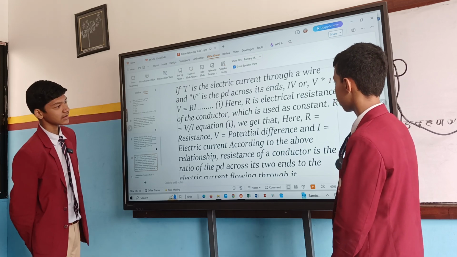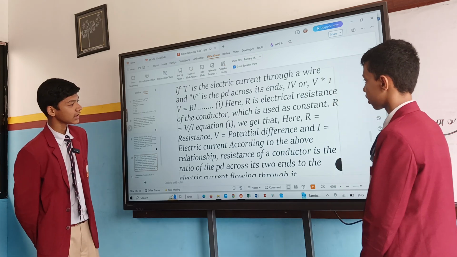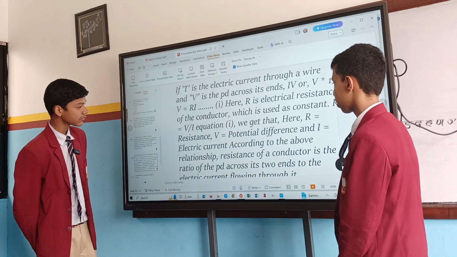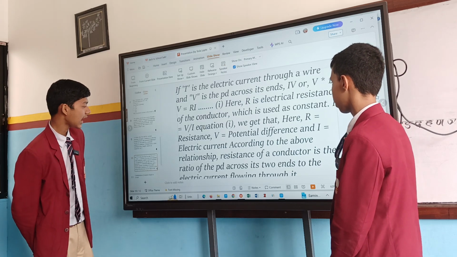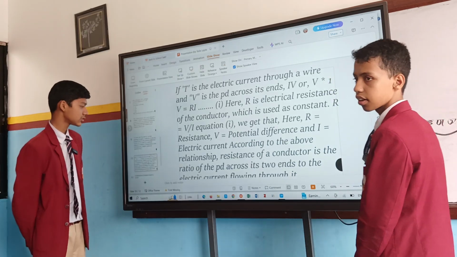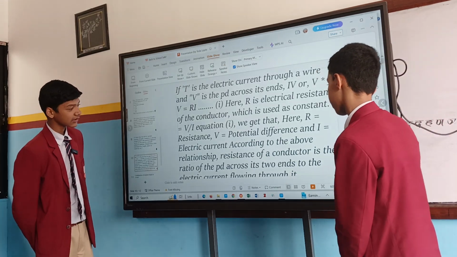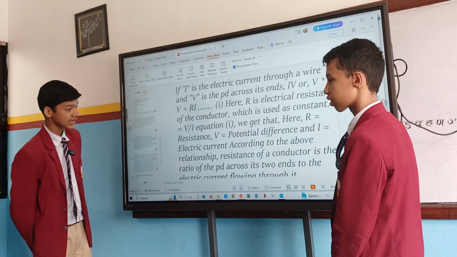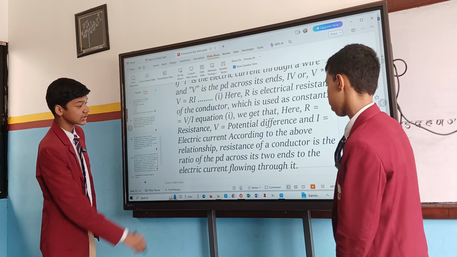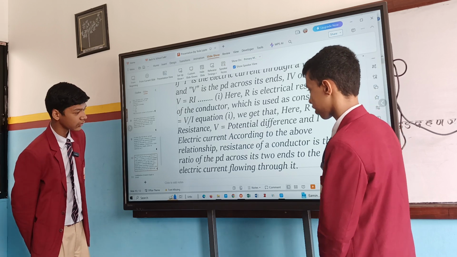Here R is the electrical resistance of the conductor, which is used as a constant. R is equal to V upon I. Equation 1. We get that here R is resistance, V is potential difference and I is electric current. According to the above relationship, the resistance of a conductor is the ratio of the PD across its two ends to the electric current flowing through it.